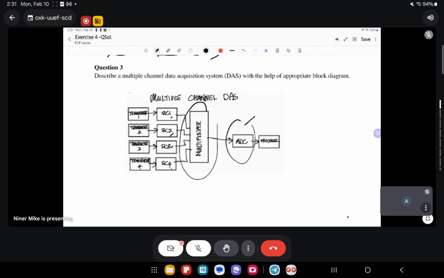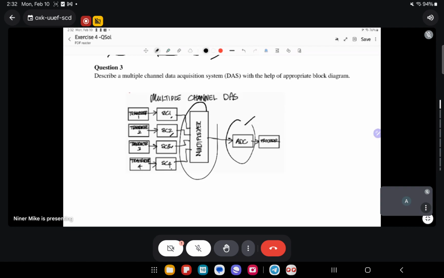So you don't want to waste the ADC capacity. So you come to the multiplexer so that you can multiplex the output from the signal conditioning to the ADC in sequence, right? So that you can use only one ADC. You don't have to supply an ADC for every signal conditioning circuit here. So this is the way you do multiple channel data acquisition.